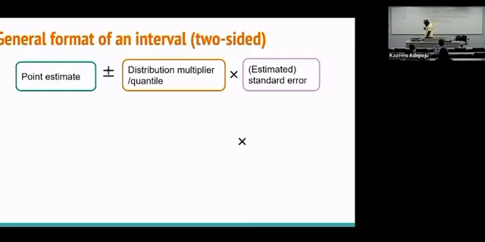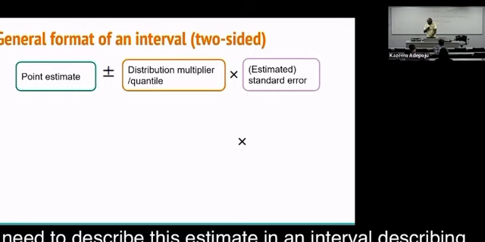And that is the reason why, if we want to rely on our estimates, we need an interval. We need to describe this estimate in an interval. Describing estimates in an interval is incorporating what I call the margin of error. And with the margin of error, you're going to consider error to the left and the error to the right.